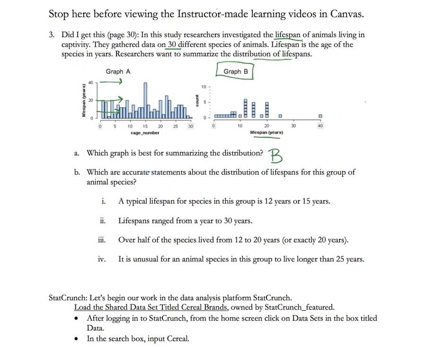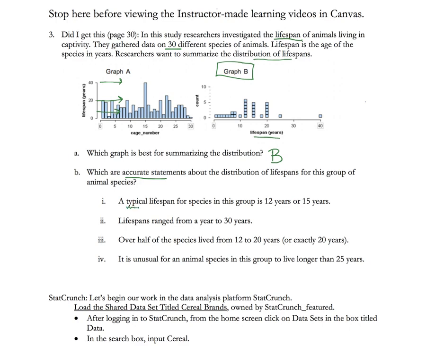Next question, which are accurate statements? So we're going to describe these statements as either valid or invalid about the distribution of lifespans for this group. A typical lifespan for species in this group is 12 or 15 years.